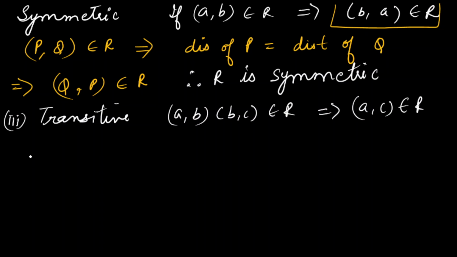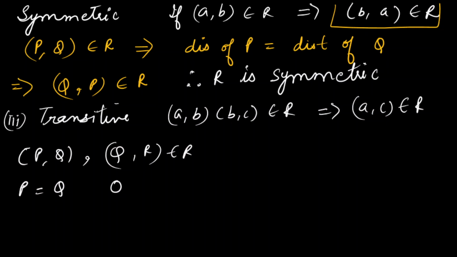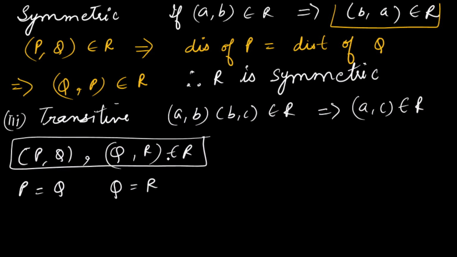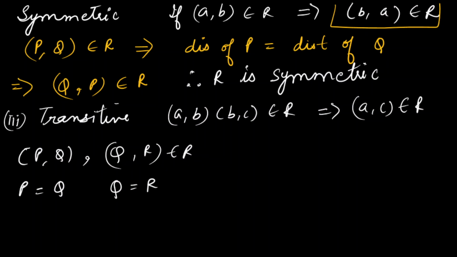So here we'll say, (P, Q) and (Q, R), suppose they belong to R. If these two belong to R, you can see here P's distance and Q's distance from origin is the same, and Q's distance and R's distance from origin is the same, because this is the only relation given to us. If these ordered pairs belong to relation R, that means they satisfy this condition.